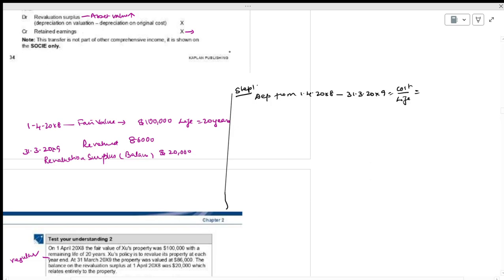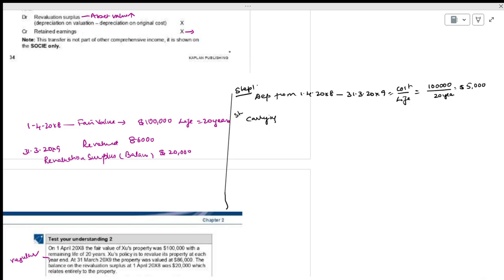What is the cost? 100,000. How much is the life? 20 years. How much is the depreciation? 5,000. Now, what is the carrying amount? 95,000.